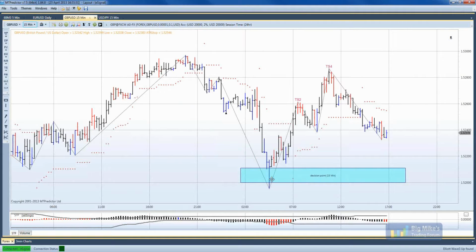That's called forecasting. That's not called trading. There's a big difference between forecasting, which most tip sheets and gurus will do, and actually trading. The difference is, with trading, you place your analysis on the chart and you wait to see whether the market is going to actually start doing what you anticipate.